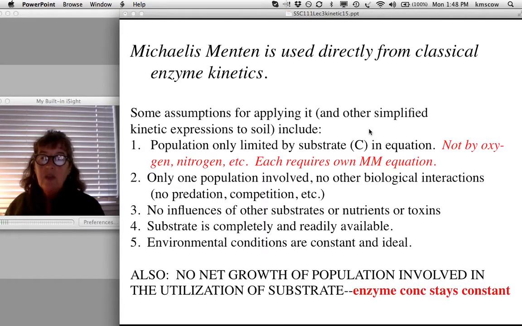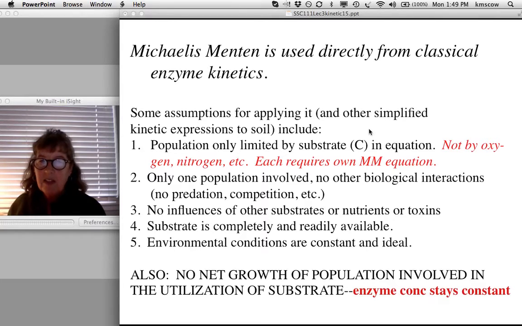It also assumes only one population is involved in the reaction, and that you're just looking at the behavior of a single group of organisms, and there's no other biological interactions involved. No one's preying on them, no one's competing with them. There's no other drama going on in that flask. There's also no influences of toxins or other kinds of more complicated interactions when an organism has a choice between two substrates.